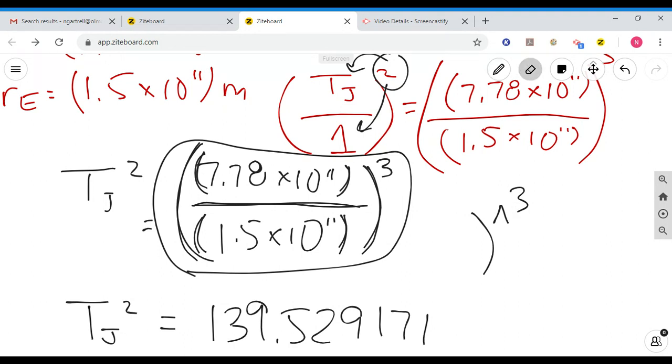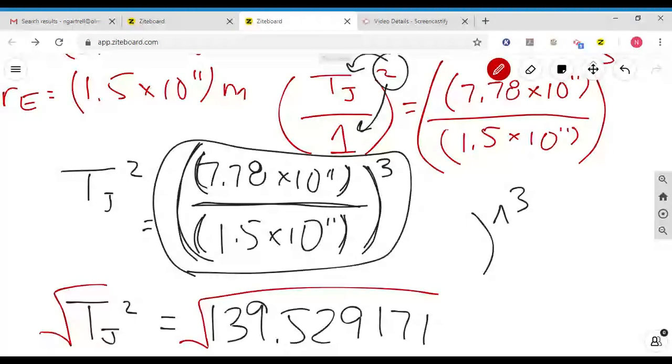But it is actually t sub j squared, so I have to take the square root. All right, so square root of 139.529171, and I'm not trying to round until the very end.